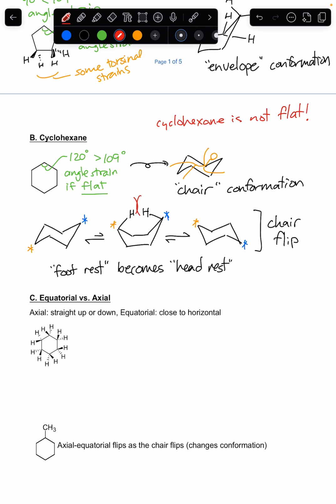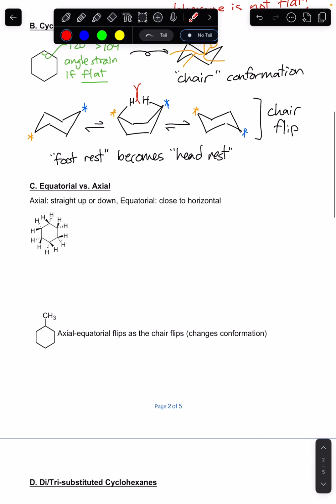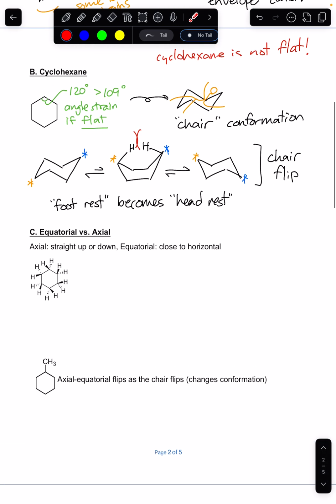For that reason, this boat conformation is not very stable, so it is kind of a high energy transition state that you have to go through to get from one conformation to the other. But this chair flip does indeed happen fairly rapidly at room temperature.